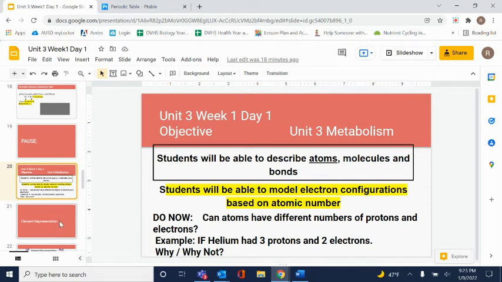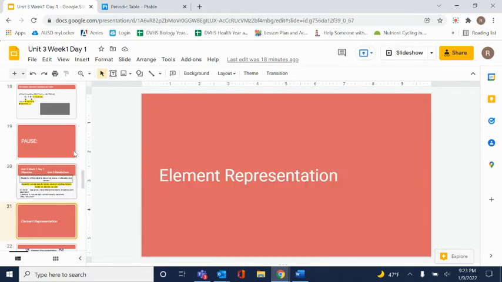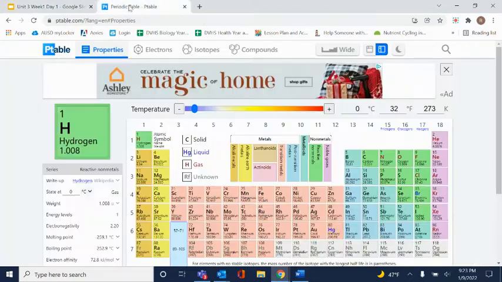Last time I introduced you to the periodic table, and I said that each little element on the periodic table has a symbol. For example, hydrogen is symbolized by H. It has an atomic number of 1, an atomic mass of 1.008. Nitrogen has an atomic number of 7, an atomic mass of 14.007.